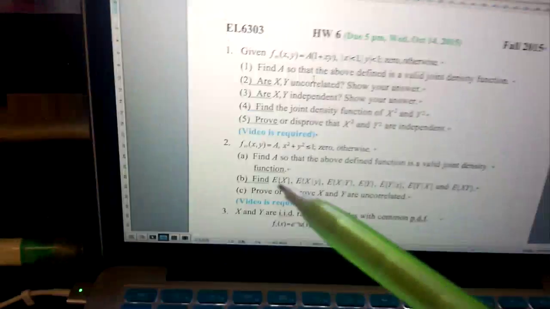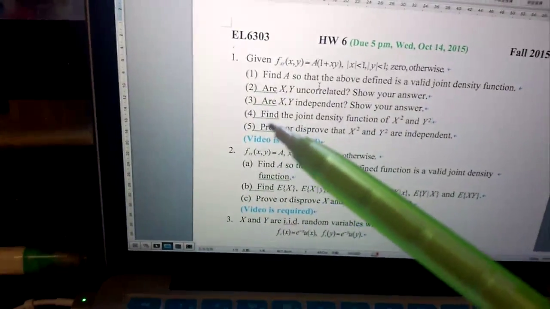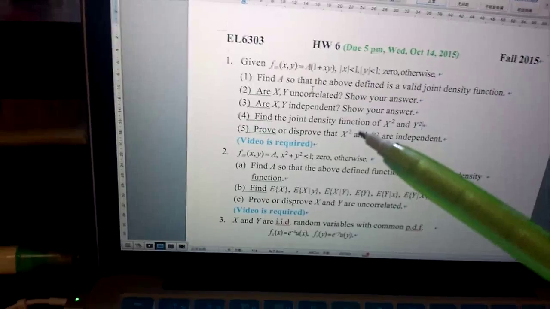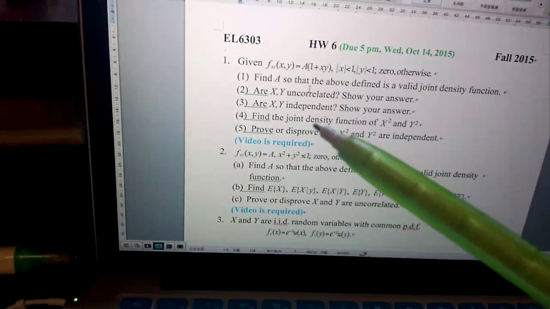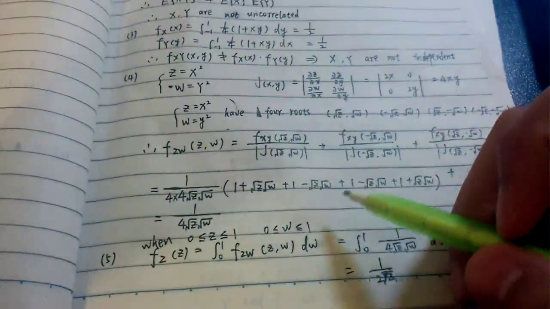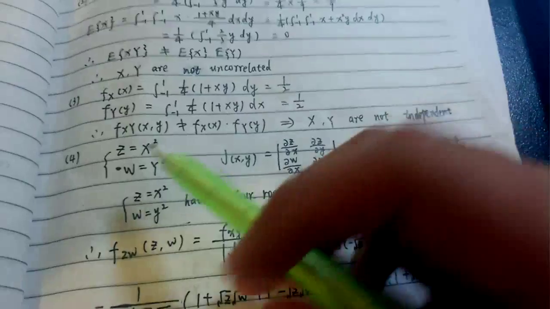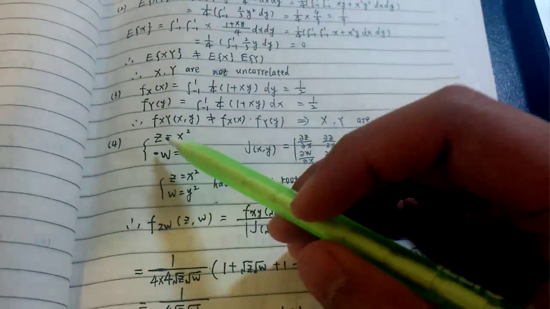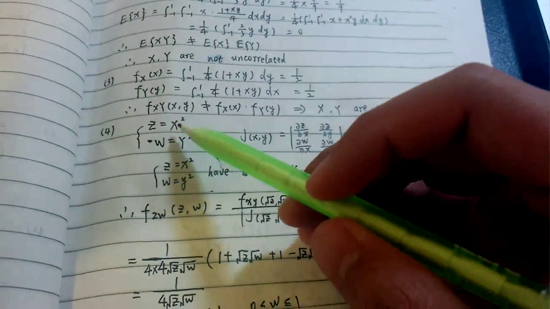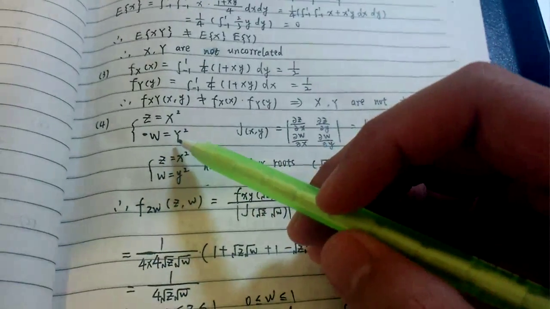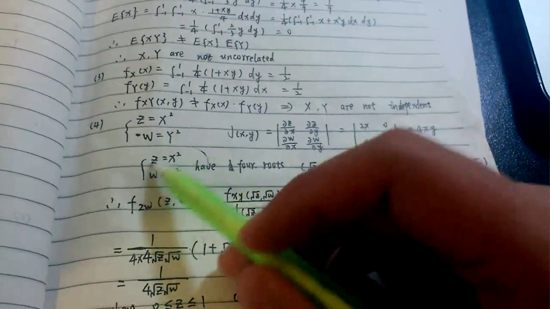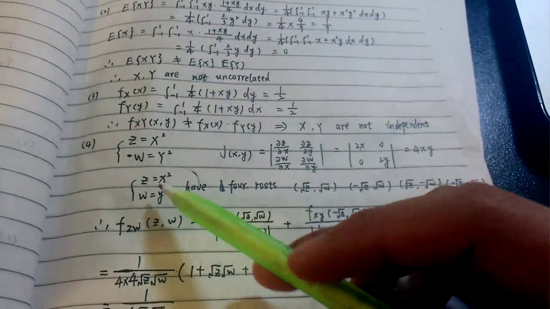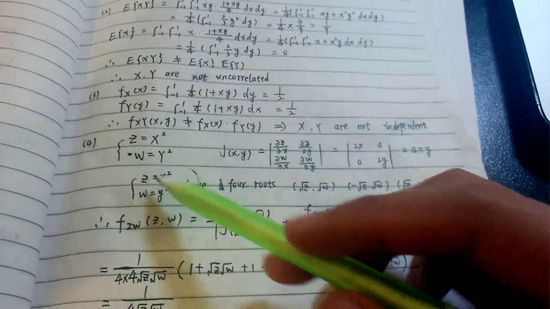Then the fourth part, we have to find the joint density function of X squared and Y squared. We can let Z be equal to X squared and W be equal to Y squared. Then we can get these two equations.